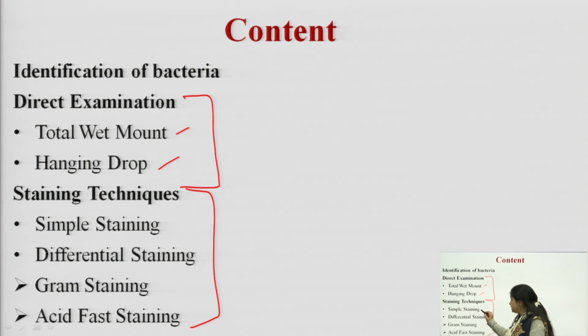Simple staining I have covered in my previous lecture, but I will mainly focus on the differential staining part. What is the staining technique, and why is staining required? We can't observe transparent cells under the bright field microscopes, which are generally available in most pharmaceutical labs.